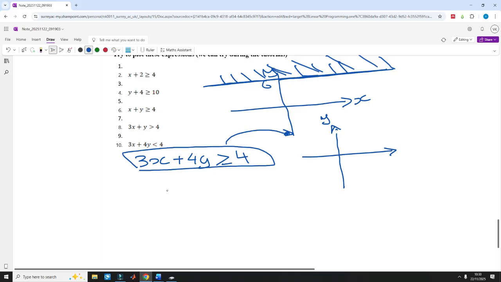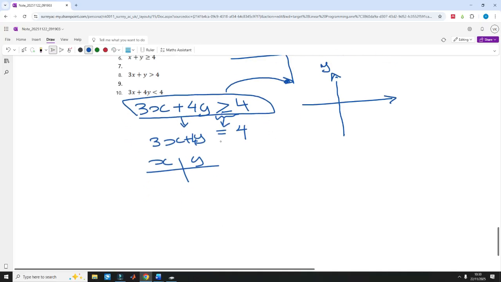What I'm going to do is convert this linear inequality into a linear equation: 3x plus 4y equals 4. So I changed the inequality symbol into an equation. Now we create a table of x, y. This is such a simple thing to do. Put x equal to 0.